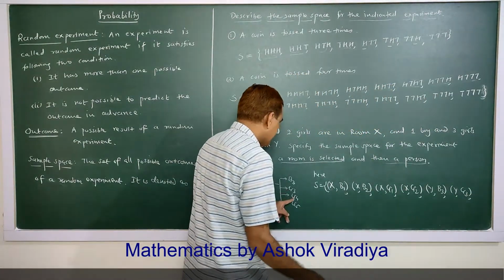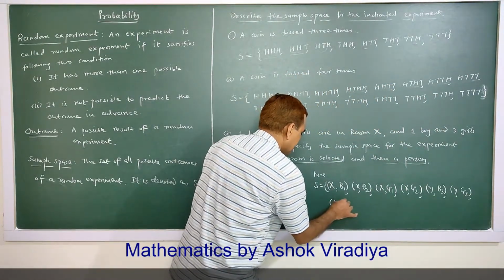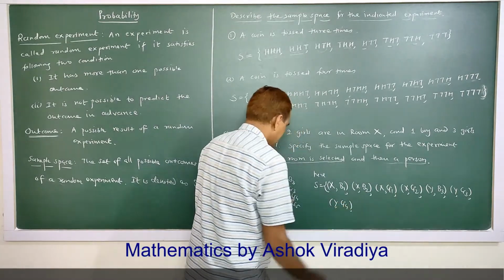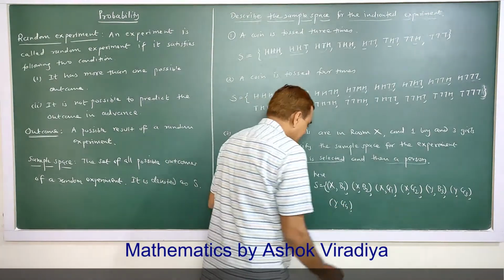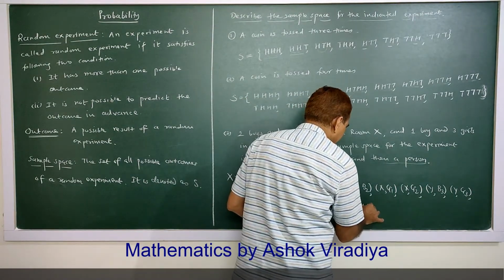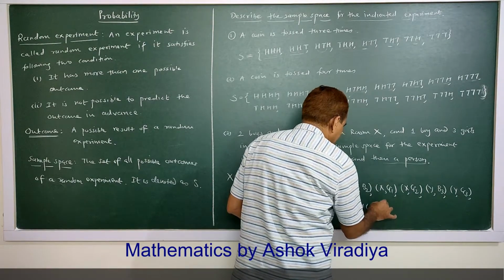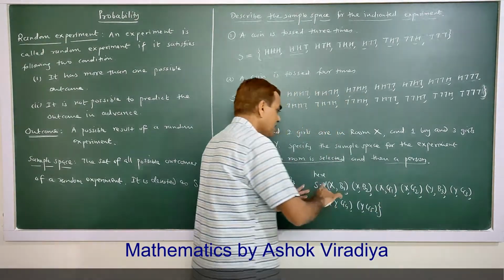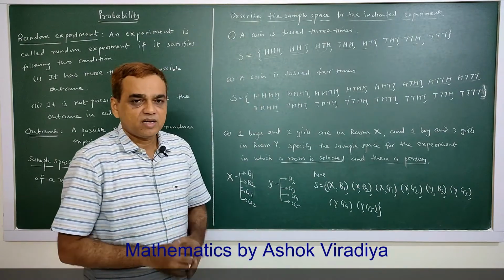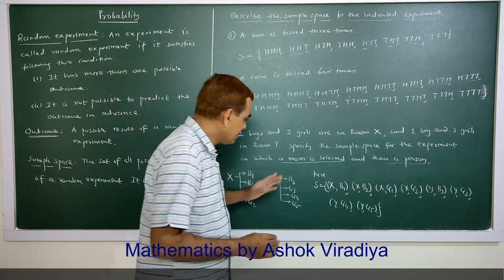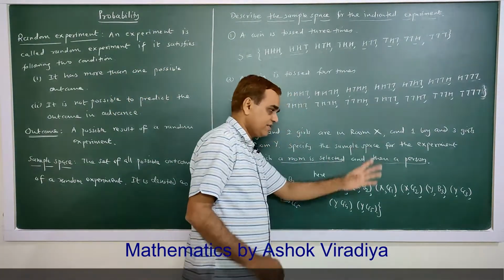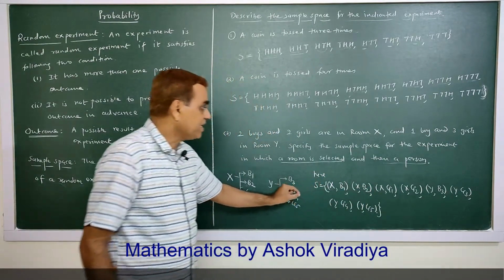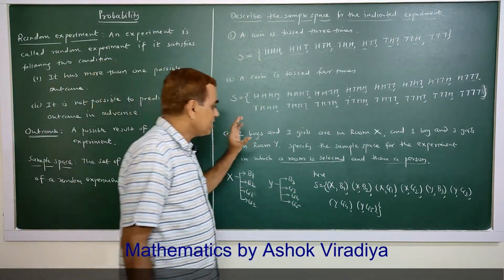From Y select G4. From Y select G5. So these are the possible outcomes associated with this experiment. So this is the sample space for this experiment.